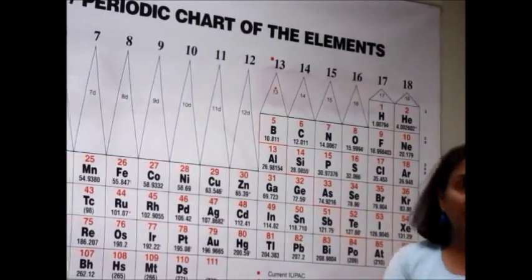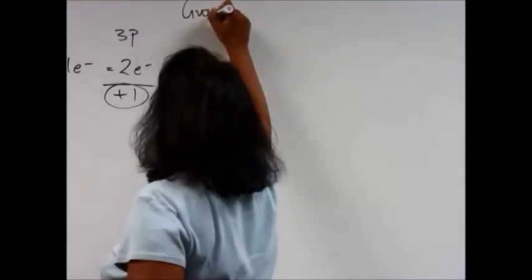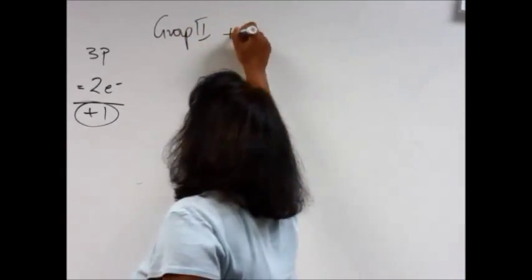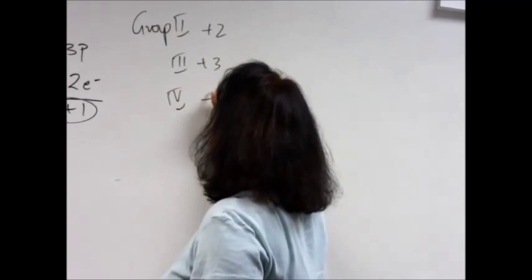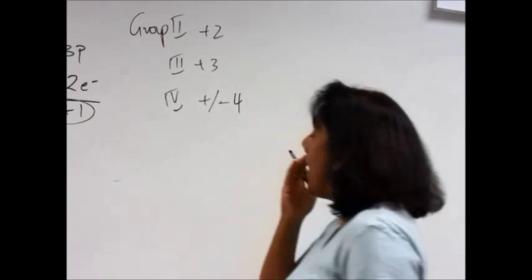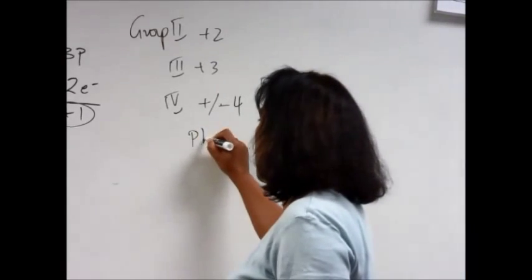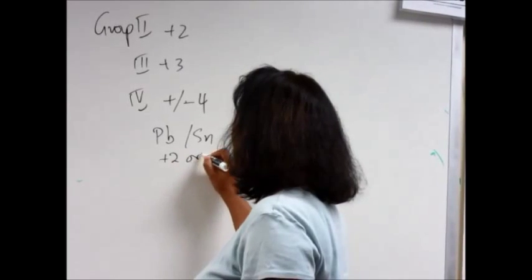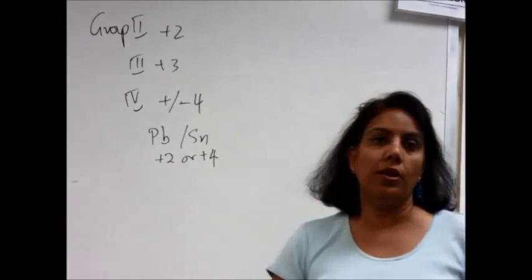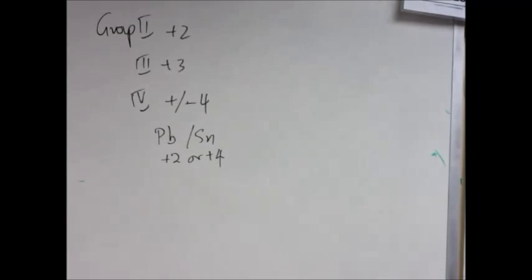But you need to write one more thing down here. Group 2 is +2, group 3 is +3, group 4 is ±4. But lead and tin can be +2 or +4, which means they can be both.